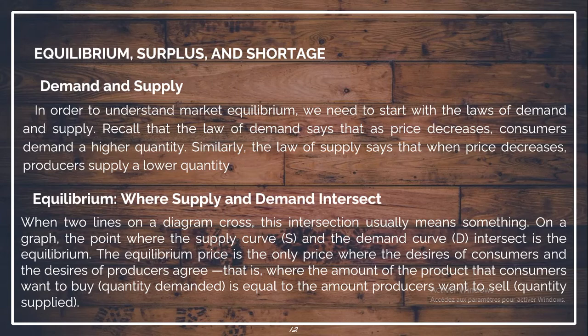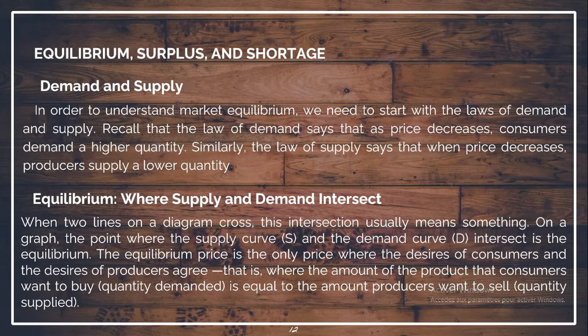The equilibrium price is the only price where the desires of consumers and desires of producers agree. That is, where the amount of product consumers want to buy, quantity demanded, is equal to the amount producers want to sell, quantity supplied. This mutually desired amount is called the equilibrium quantity.